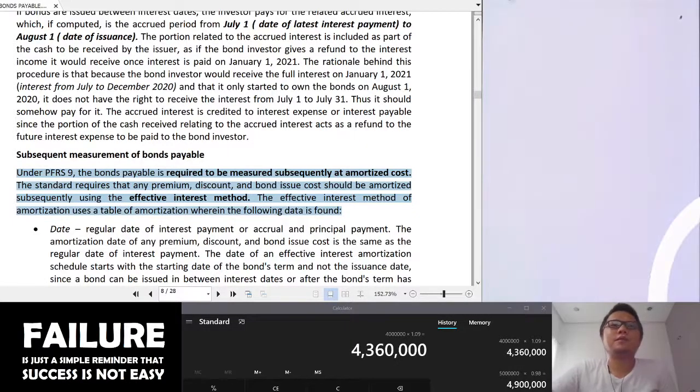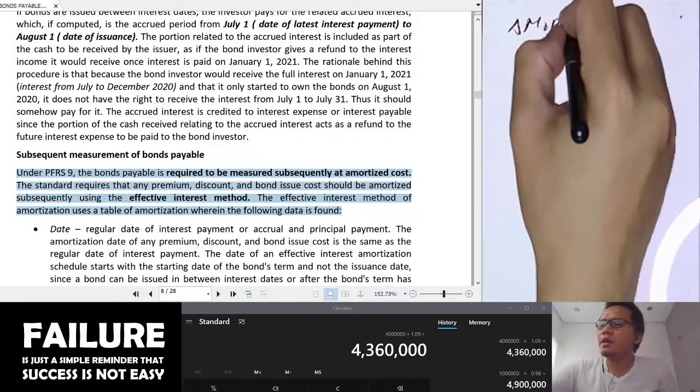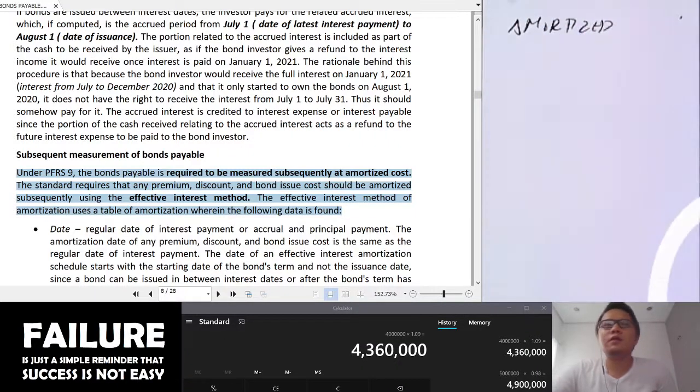Okay? So if we are to present a bond through amortized cost, Philippine Financial Reporting Standards 9 is requiring us, okay? Is requiring us no other methods, okay?